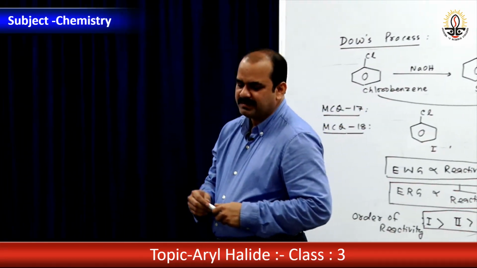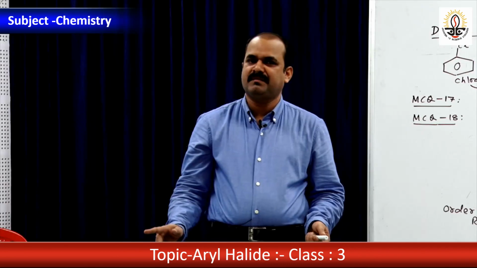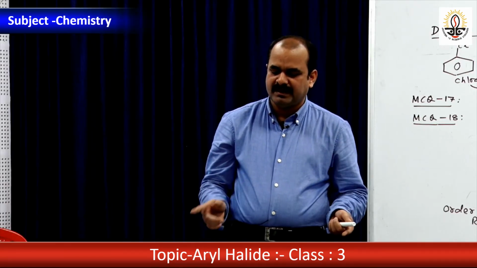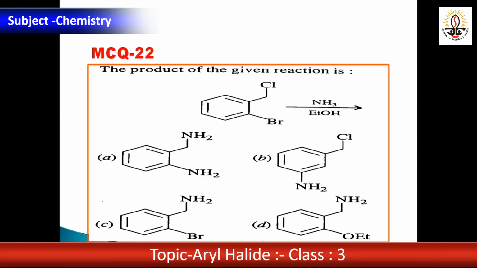So the correct option of multiple choice question number 22 is option C, and the reaction undergoes SN2 mechanism, substitution nucleophilic bimolecular. Here chlorine is eliminated, bromine is not eliminated because the bond between carbon and bromine is very strong. So the third option is correct.